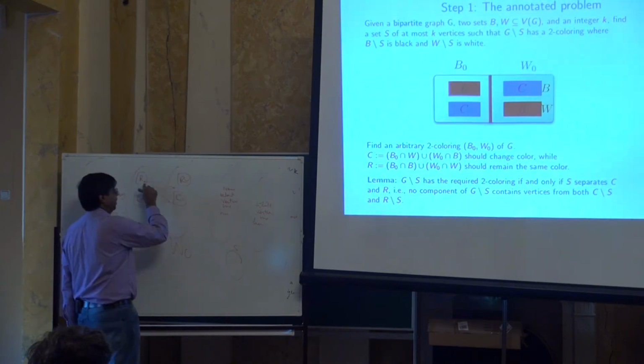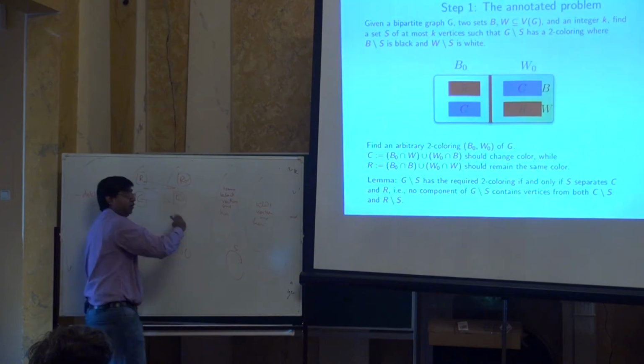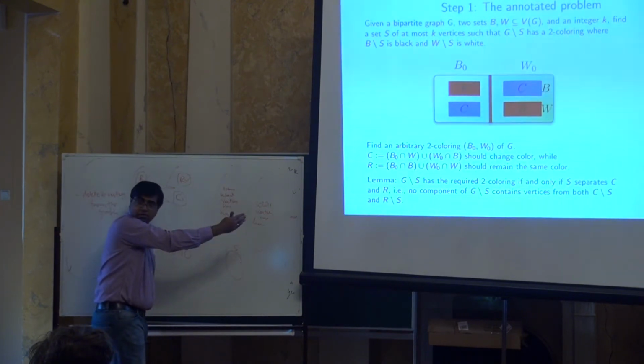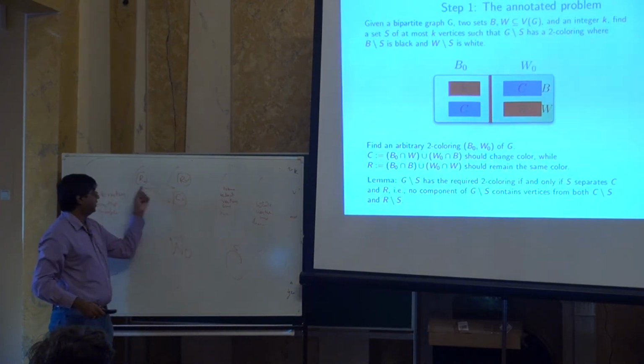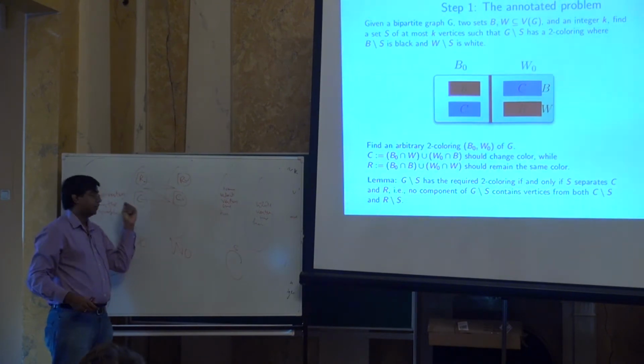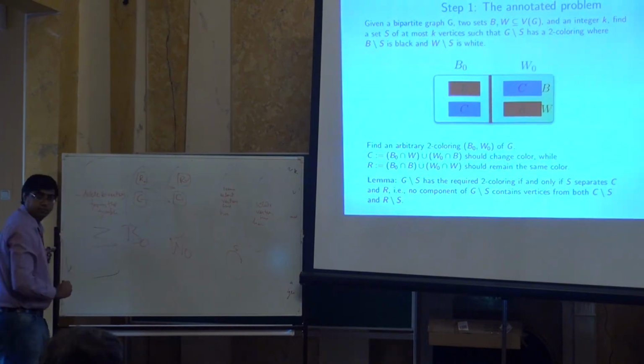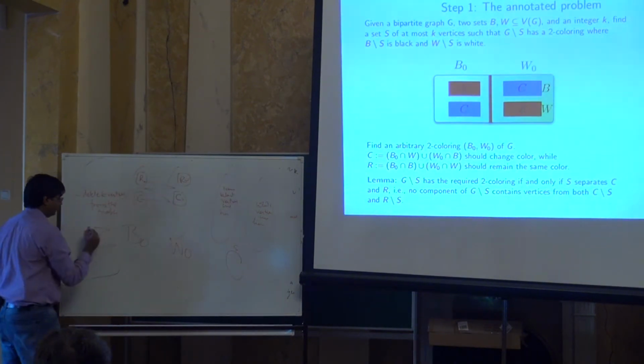I start from the remaining vertex. Where will its neighbor go? It should go to the other side. Then the next vertex will come to this side. So basically, the length of this path is odd. A path between R and C is odd.